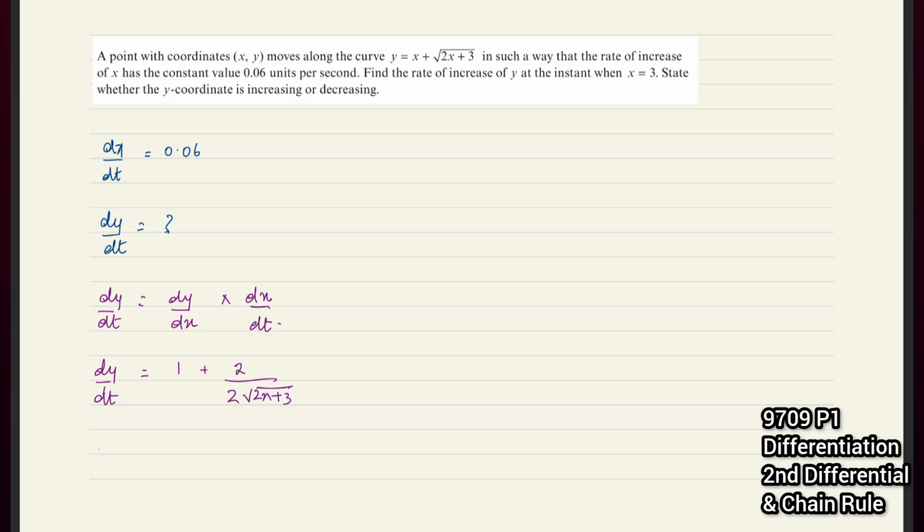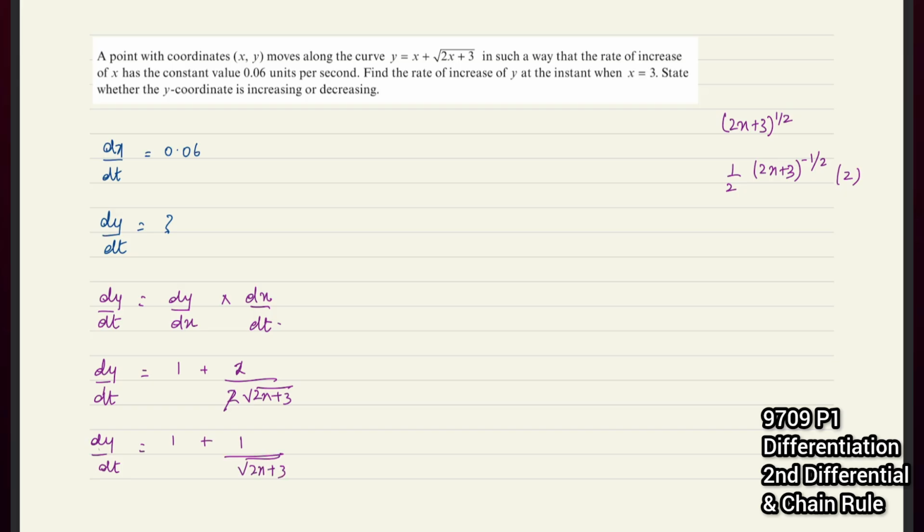Why? Because 2x plus 3 power half, when you differentiate it, becomes half into 2x plus 3 power minus half, because half minus 1 is minus half, multiplied by the differential of the expression inside. So, dy by dt is equal to 1 plus 1 over under root 2x plus 3.